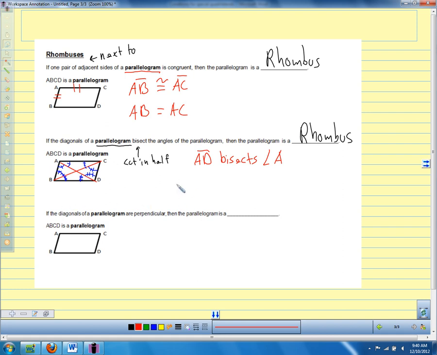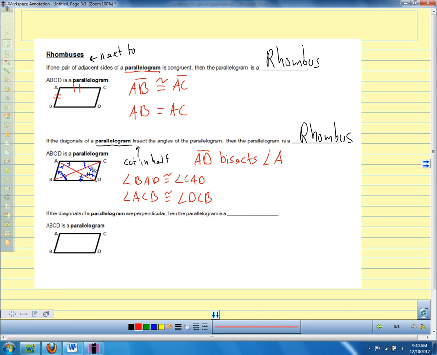We can pair our angles up. We could say that angle BAD is congruent to angle CAD. So that's saying these two angles are congruent. Angle ACB is congruent, ACB is this one, is congruent to angle DCB. That's saying those two are congruent.